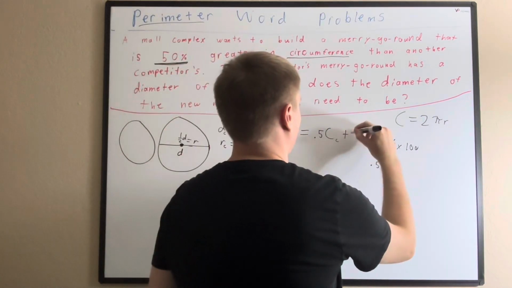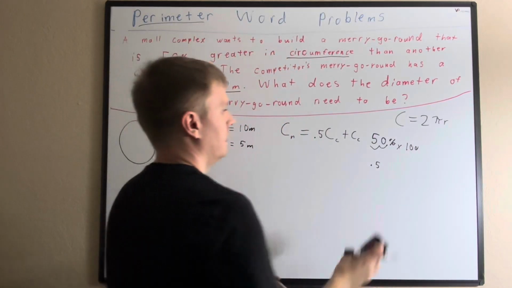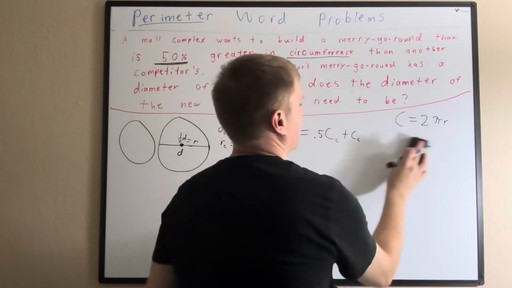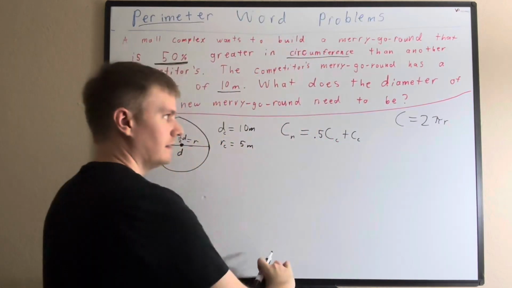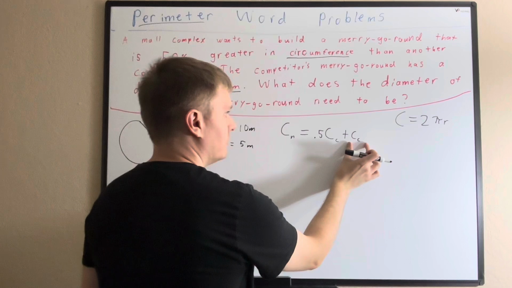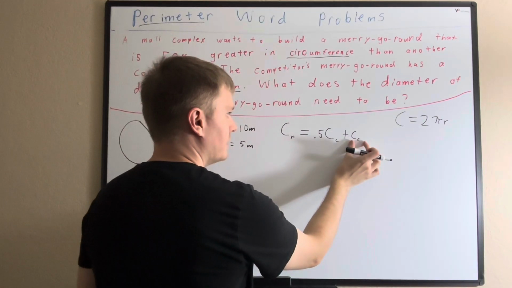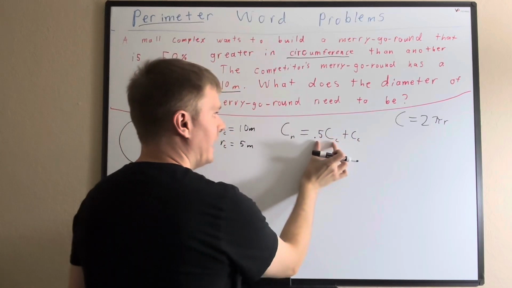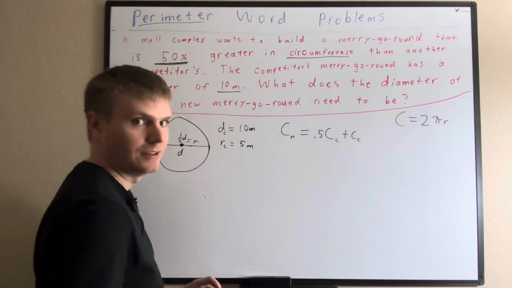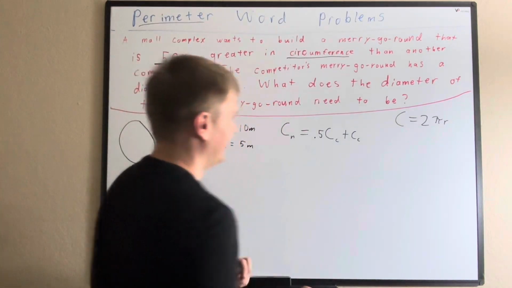So we add another circumference of the competitor. Does that make sense? We want our new one to be larger than the competitor's merry-go-round by half of the competitor's circumference.